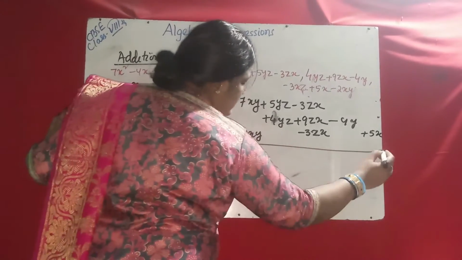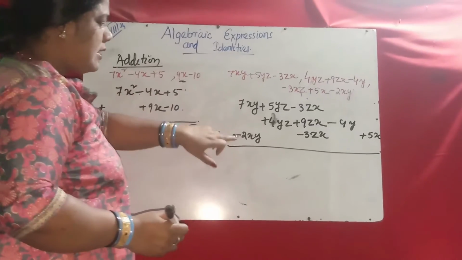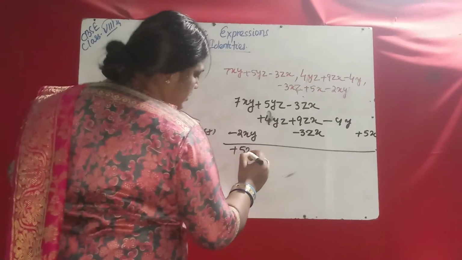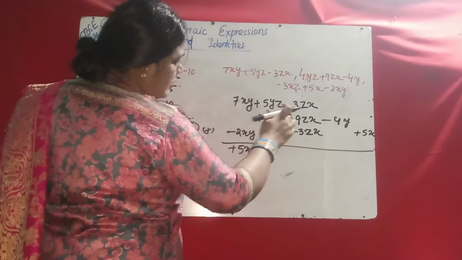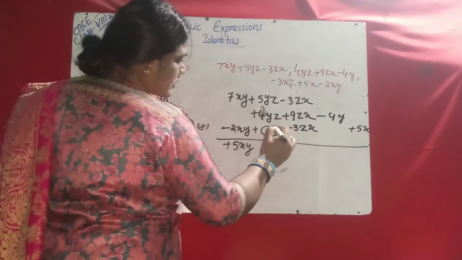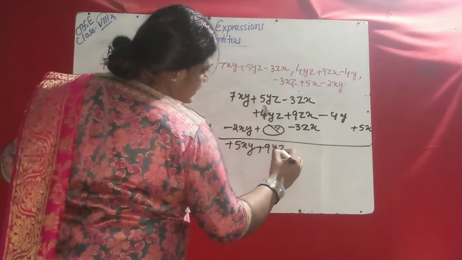Now you add these 3. So 7xy minus 2xy, how much? Plus 5xy. 5yz plus 4yz is plus 9yz.